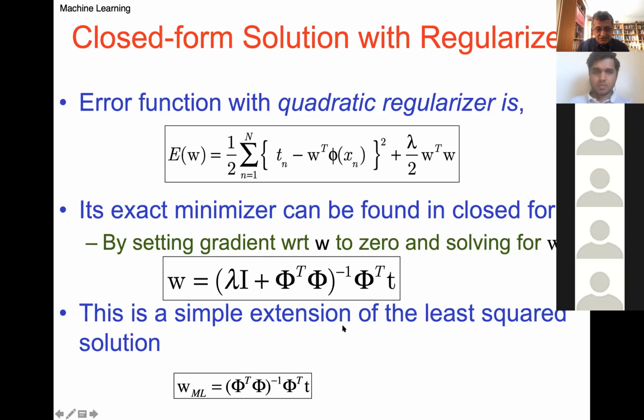And how does that differ from the previous one? The previous one was this. W_ML was this expression. This whole messy thing in the beginning was the Moore-Penrose inverse. This one has the Moore-Penrose inverse appearing in some form, but it also has lambda I. I is the identity matrix, and lambda is just some constant which is giving the weight you're going to associate with the regularizer.